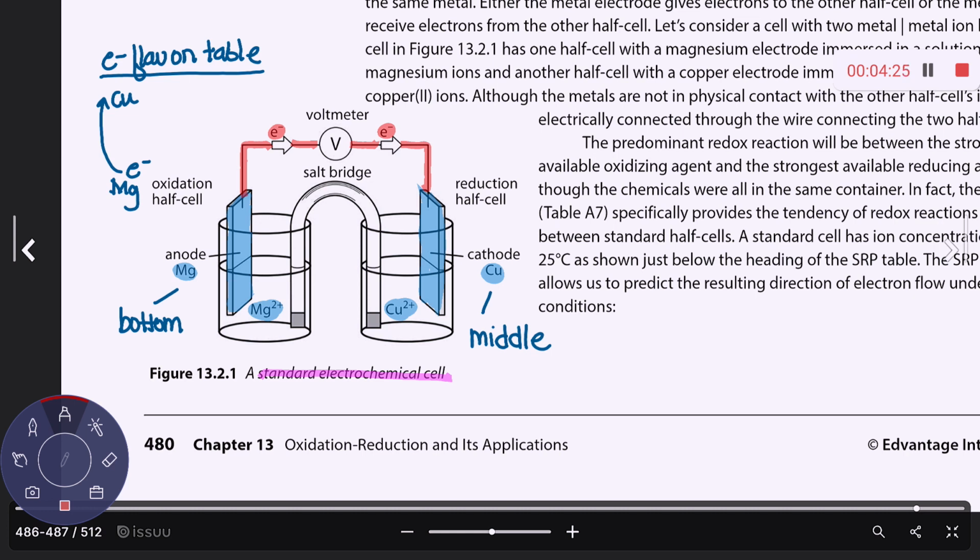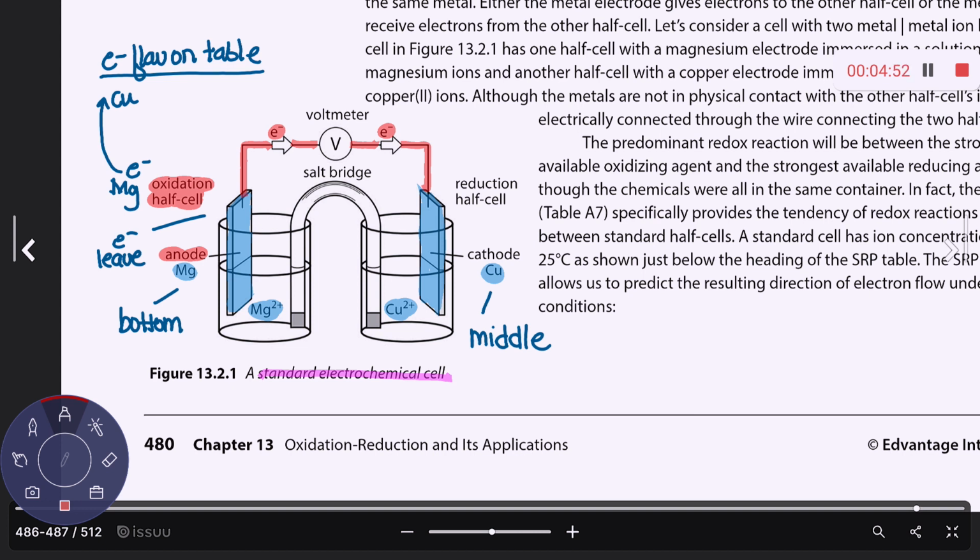Okay, and then the electrode or the half cell where the electrons are leaving, or where we're losing electrons, would be the oxidation compartment or the oxidation half cell, right? Because this is where electrons are leaving. And wherever oxidation happens, we call that electrode the anode, okay?